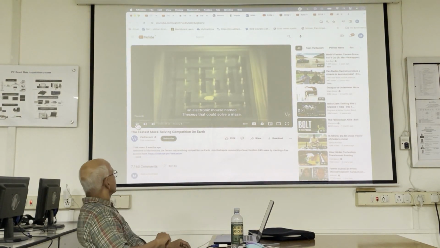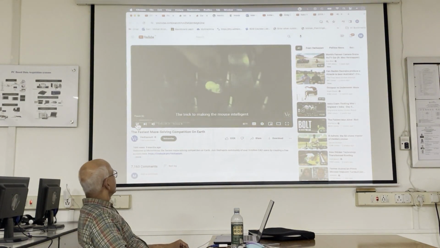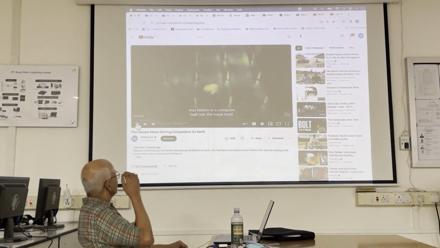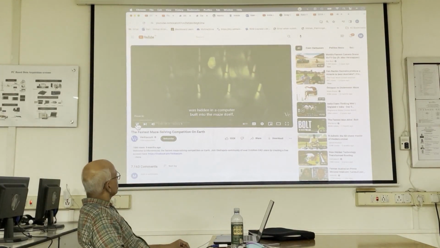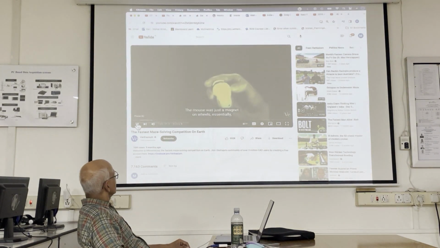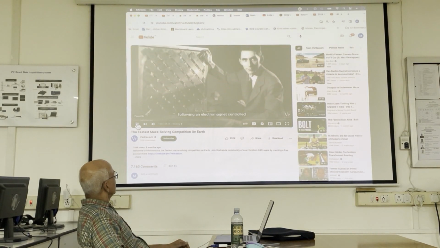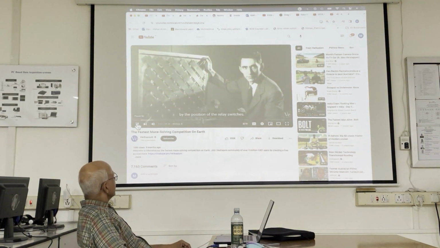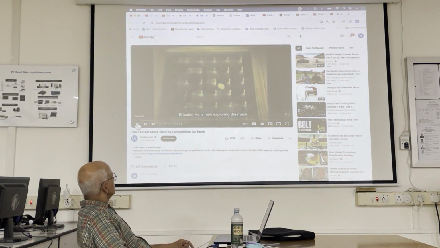species that could solve a maze. The trick to making the mouse intelligent was hidden in a computer built into the maze itself, made of telephone relay switches. The mouse was just a magnet on wheels, essentially, following an electromagnet controlled by the position of the relay switches. He is now exploring the maze using a rather involved strategy of trial and error.